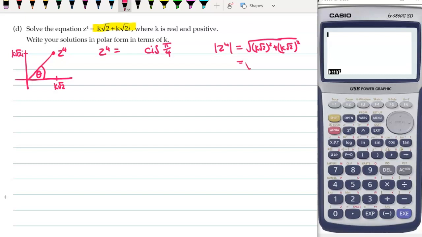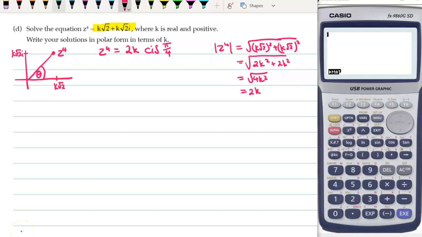Root 2 times root 2 is 2, so that's going to be 2k squared plus 2k squared. That's the square root of 4k squared, so that is equal to 2k. So our modulus here is 2k.